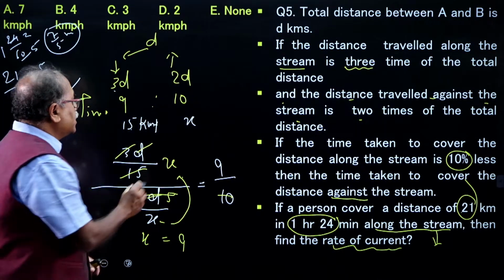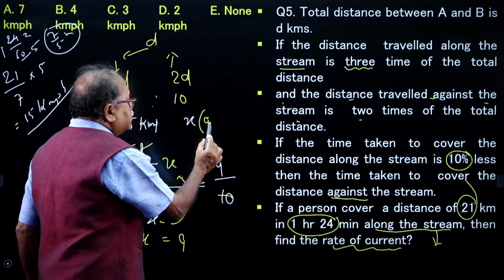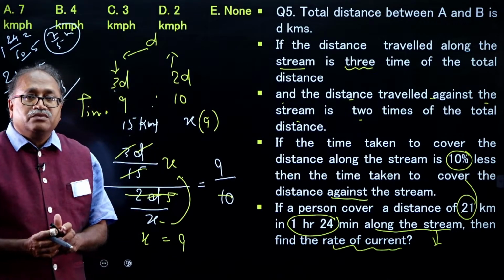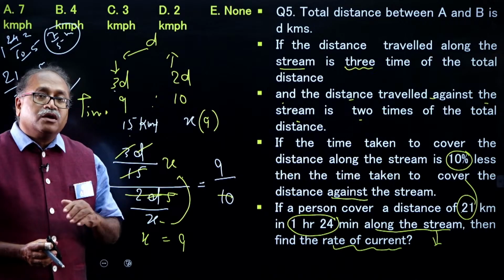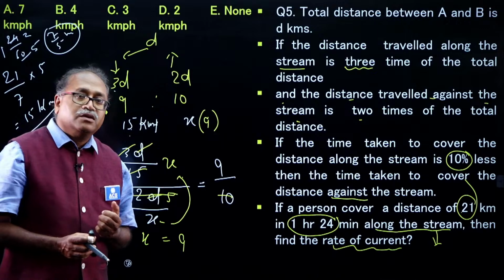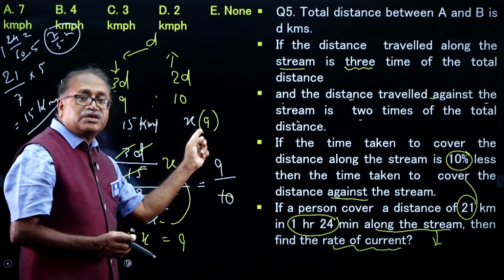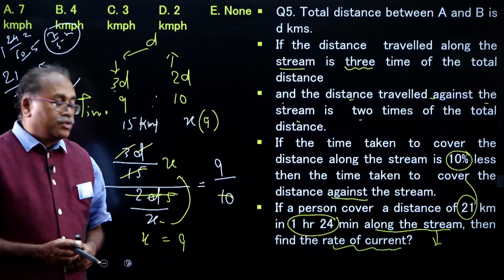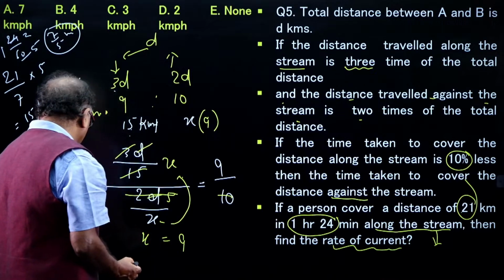If x is equal to 9, that means this upstream is 9. I have the upstream, we have the downstream. When we have both, then how do I find out the speed of the current? The difference of upstream and downstream speed divided by 2. So, let us apply that concept over here.